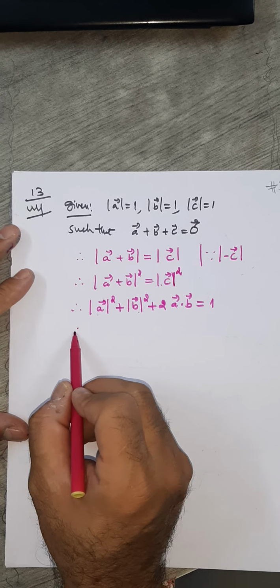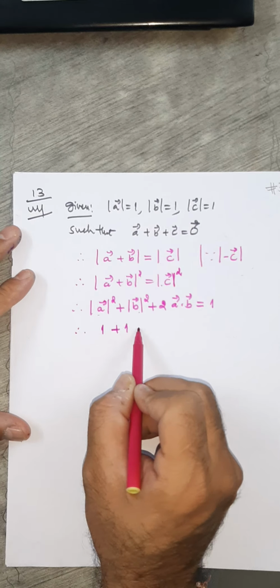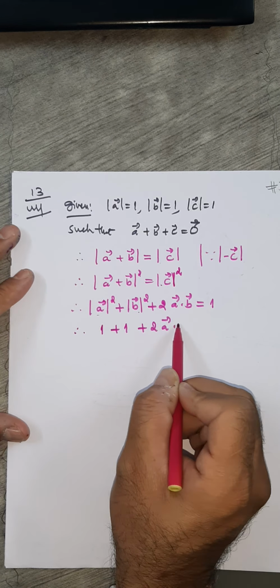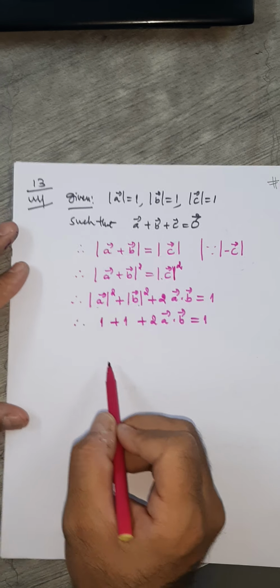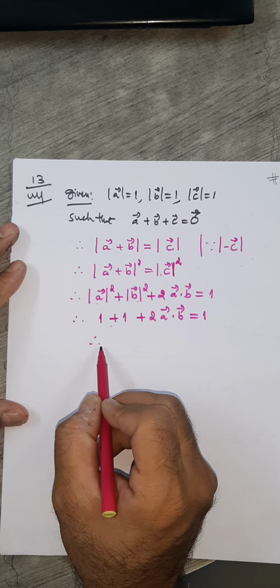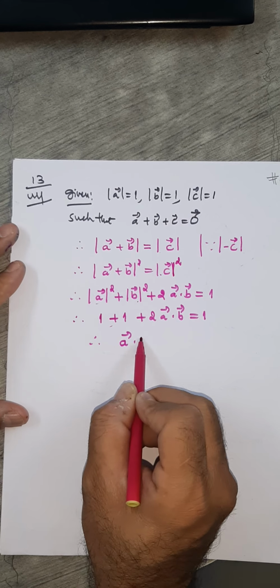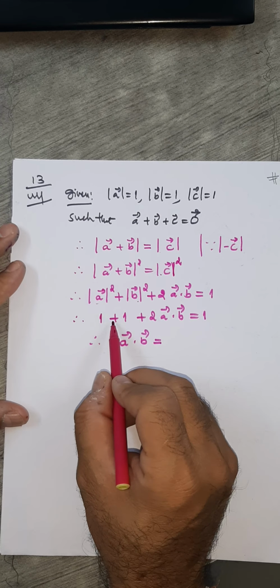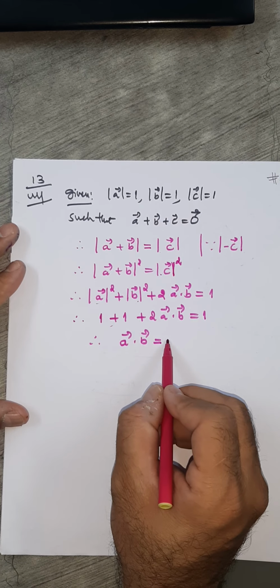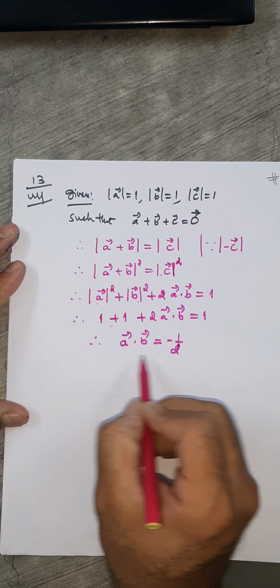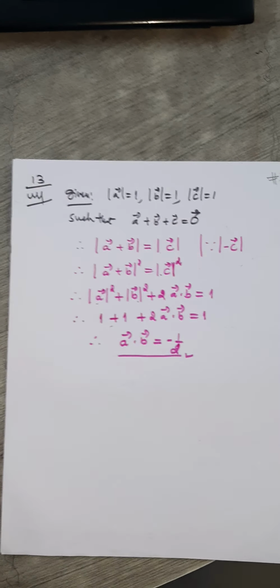Now these two are also 1. So 1 plus 2 times vector A dot vector B equals to 1. So what we'll get from this? Vector A dot vector B equals to, you will get a minus 1 and dividing by 2. So minus 1 by 2.